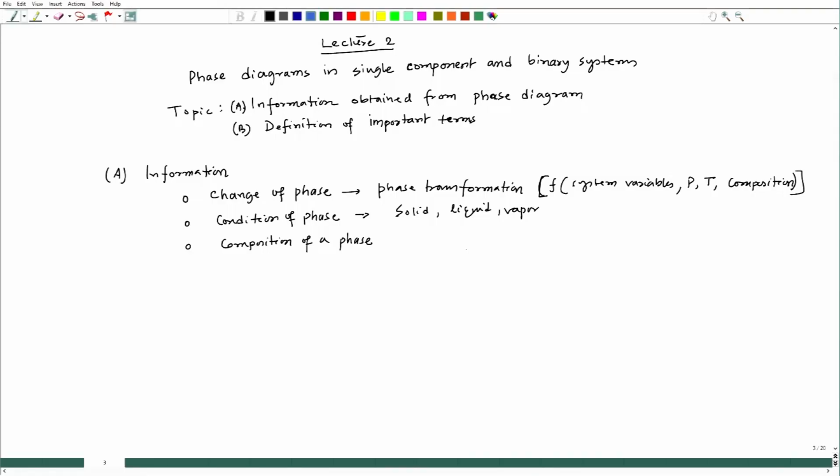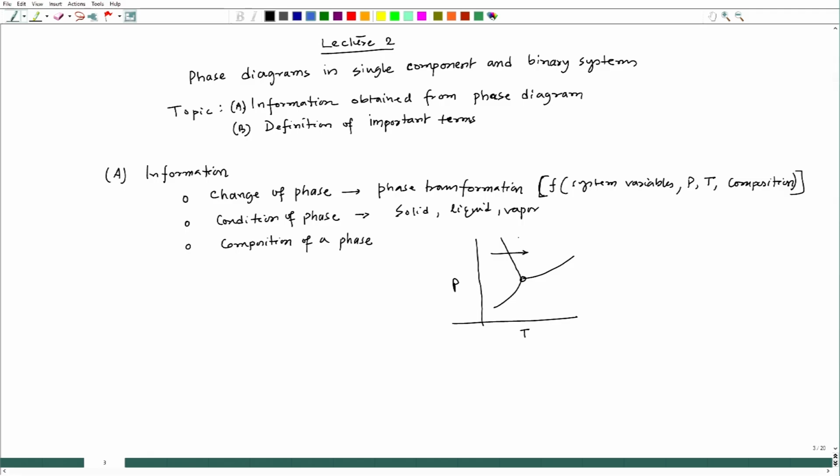So, let me explain this a little bit. For example, if we consider a single component, we consider temperature and pressure, and in case of water the schematic diagram is like this. This point where all the lines meet at a point is called the triple point, and we have given an example like this.